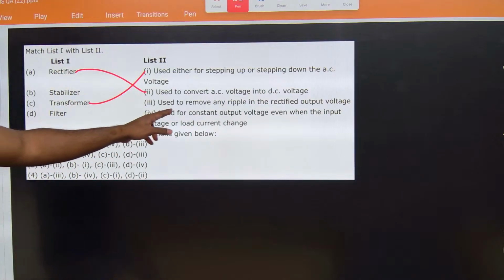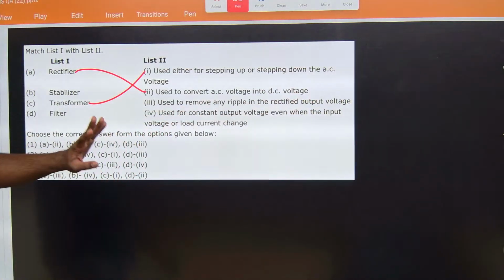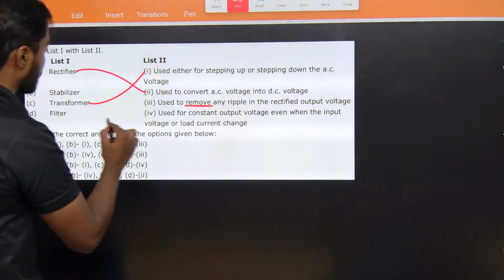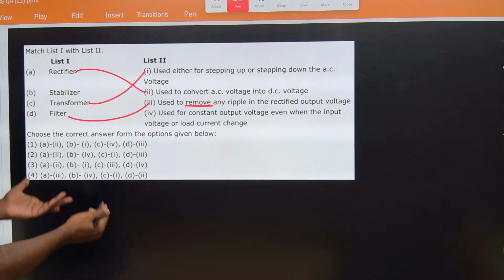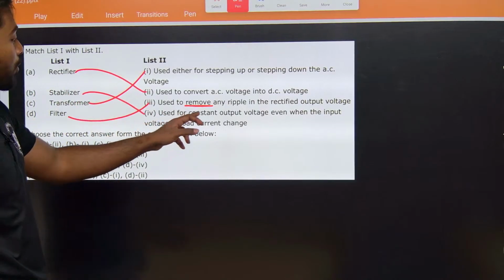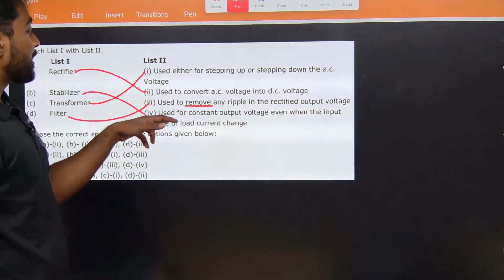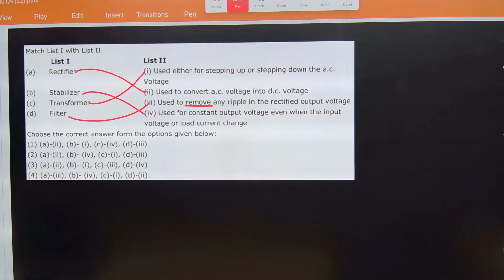Used to remove any ripple in the rectified output voltage is for filter. What about the last one? Used for constant output voltage when the input voltage or load current changes, it's for stabilizer.